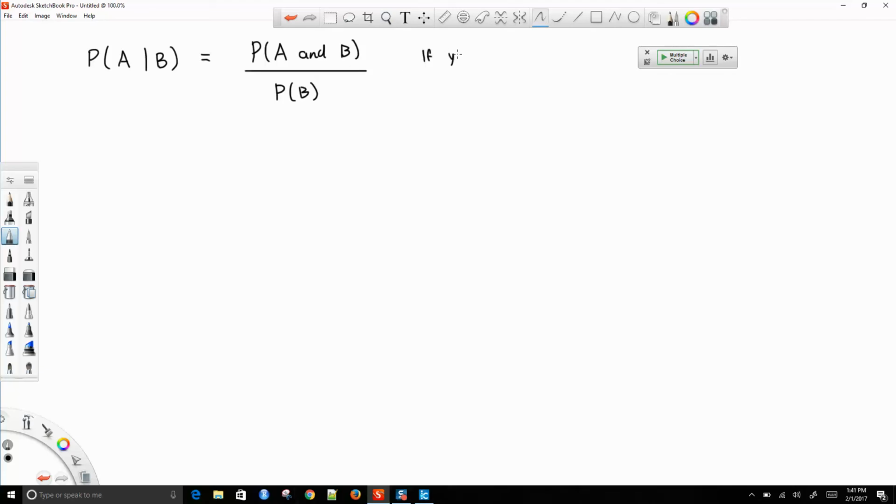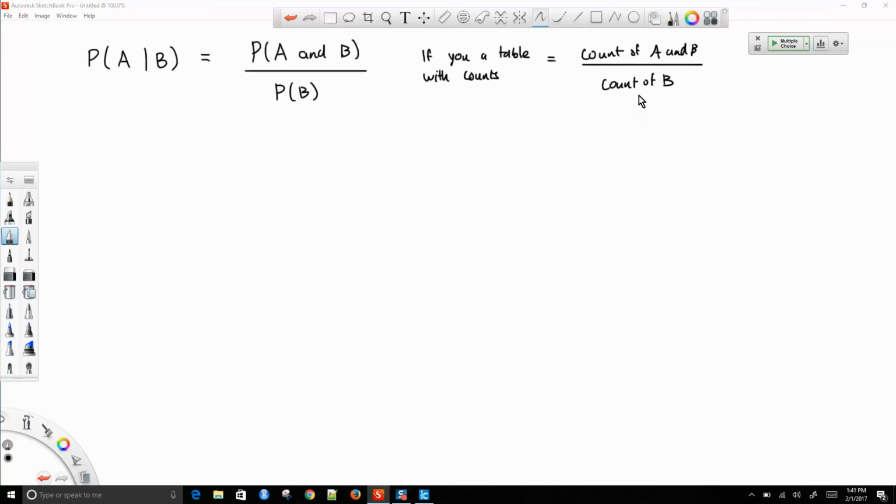If you have a table with counts, you can also do the count of A and B, and I think this is what most of us did on the last example, divided by the count of B. Contrast this to the probability of A and B, which is going to be the count of A and B divided by the total count of the table.